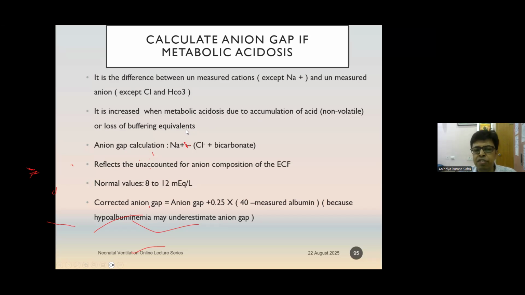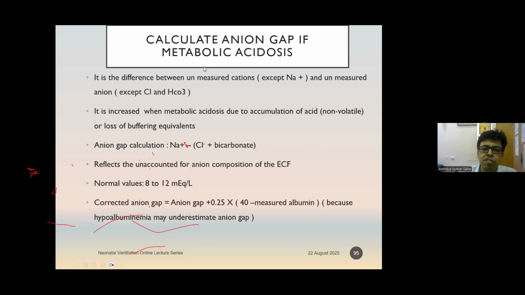For example, acidosis due to perfusion failure, where there is lactic acidosis, that is the accumulation of acids, or due to some other mechanism where H plus ion is increased. But in some cases there is loss of bicarbonate, which is compensated by an increase in chloride. In those cases there is metabolic acidosis, but there is no anion gap.